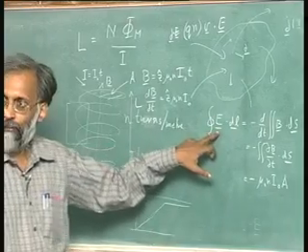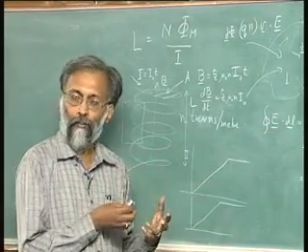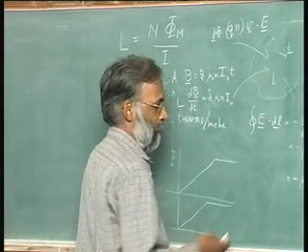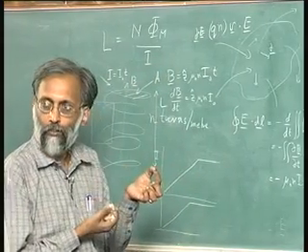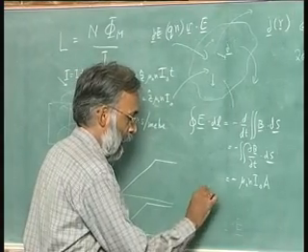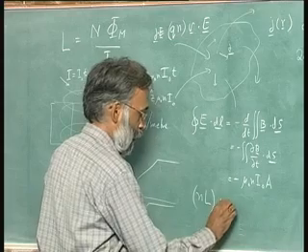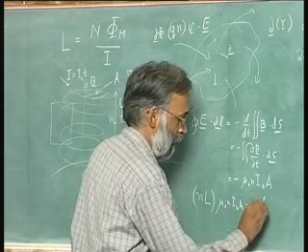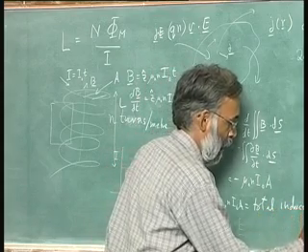This is the loop integral, but there are n loops per meter. So, I actually have a net number of turns, which is n times L, times mu naught n I naught A, equal to the total induced EMF.